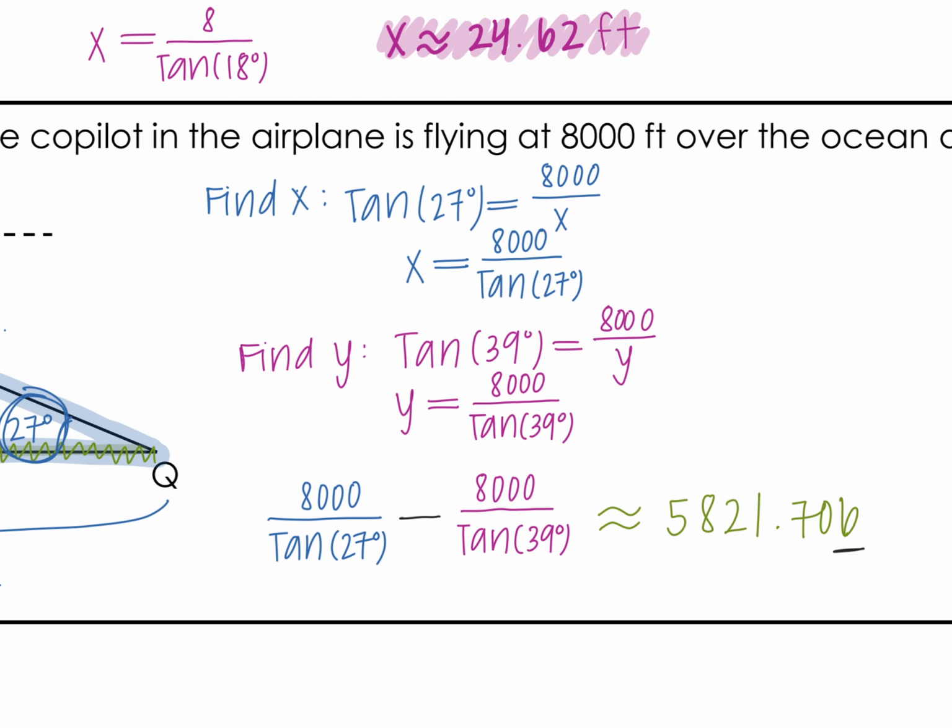Since that is greater than 5, I need to round that 0 up to a 1. So here my final answer for PQ is going to be 5,821.71 feet.